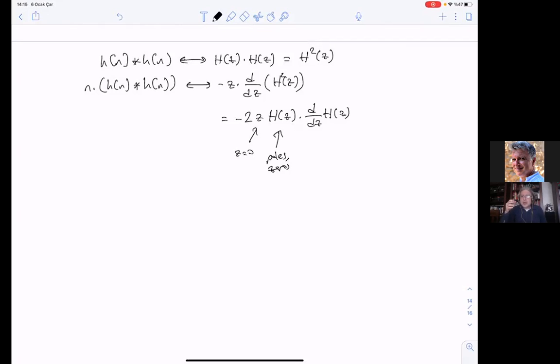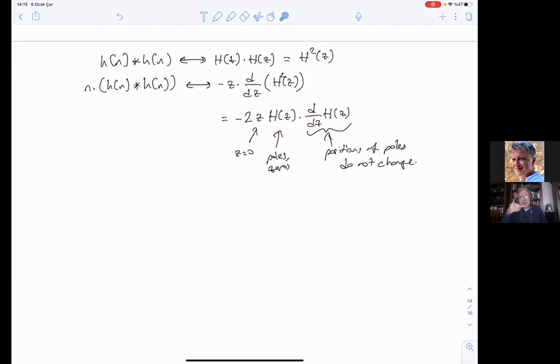There will be two poles at the same position of the poles. So the positions of poles do not change. Zeros are not important, but some poles are coming from H of z, and at the same place, some poles are coming from the derivative, so they don't move in the coordinate axis of real and imaginary axis.